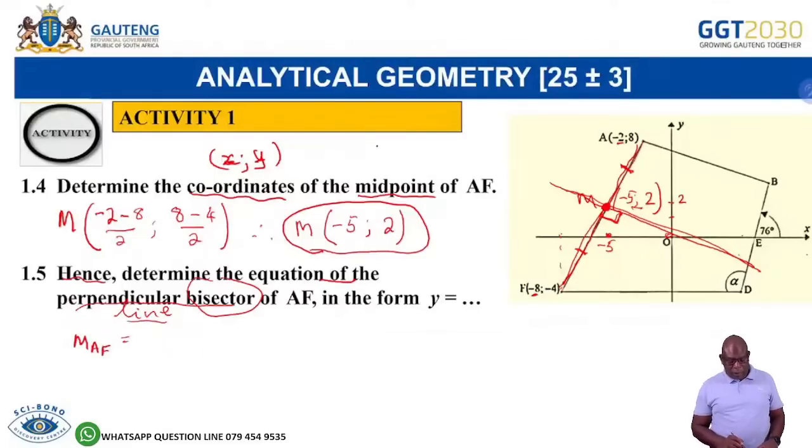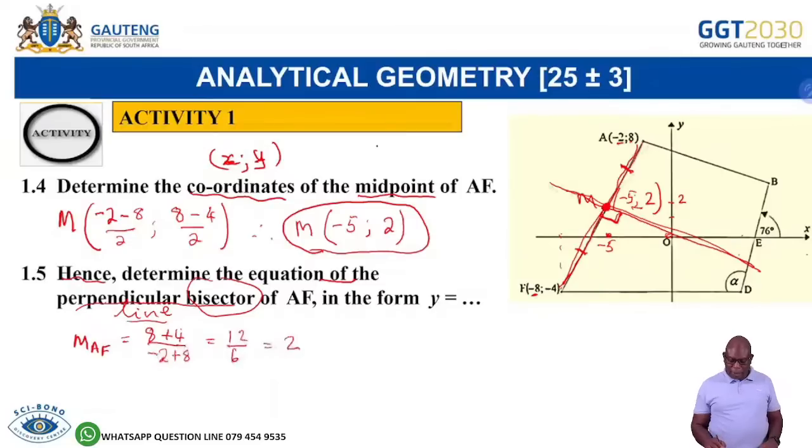So the gradient of AF will be 8, remember I'm starting with the y value, 8 minus 4, so it's 8 plus 4, divided by minus 2 plus 8. If I check this, I get 12 over 6, and the gradient of that will be 2.